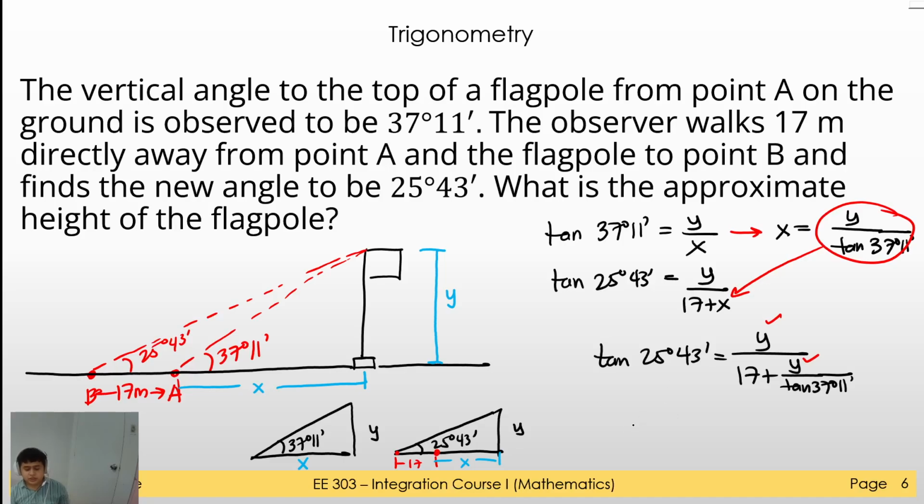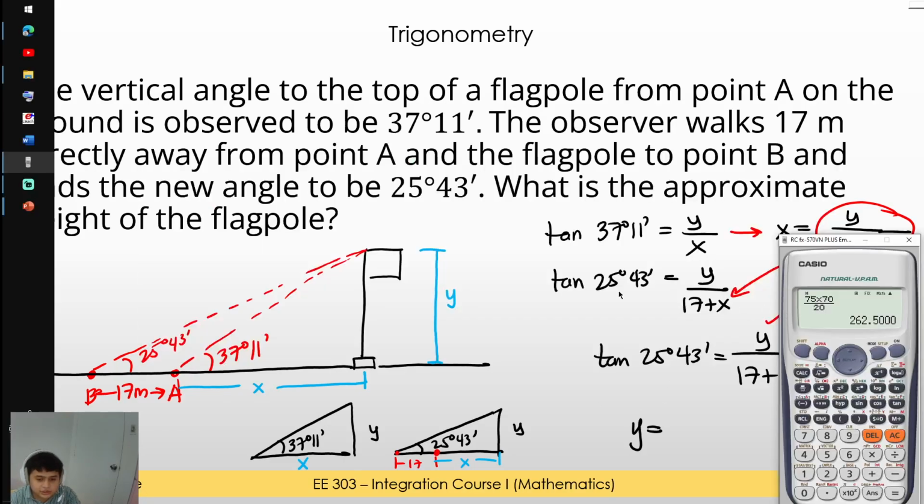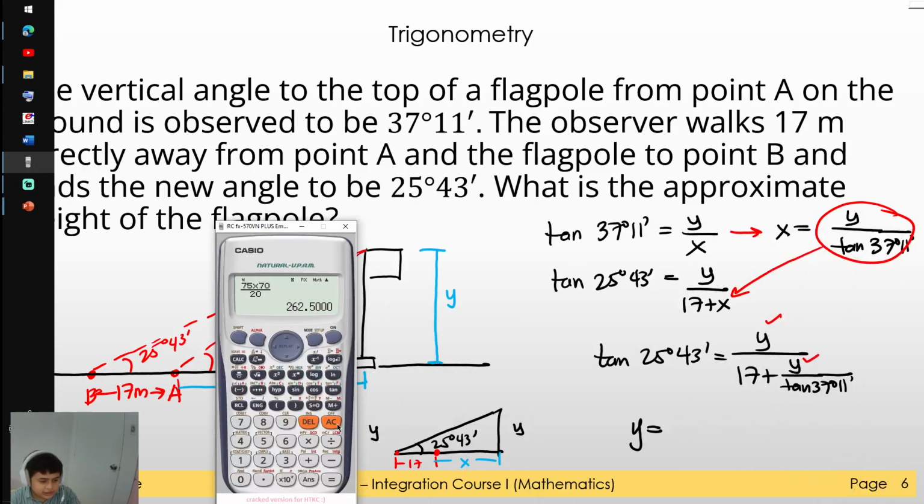So let's see how you input this into your calculator. Be careful, it should be in degrees: shift mode, then degrees. So we have tangent 25, then the degrees key, 43, another degrees key. The second degree symbol means minutes, okay?